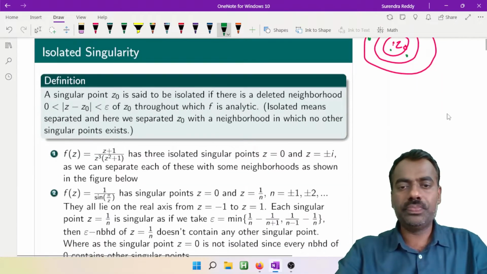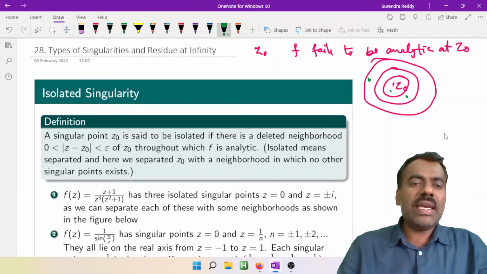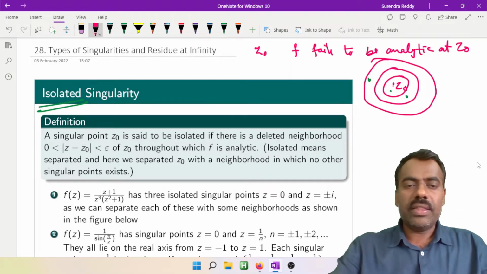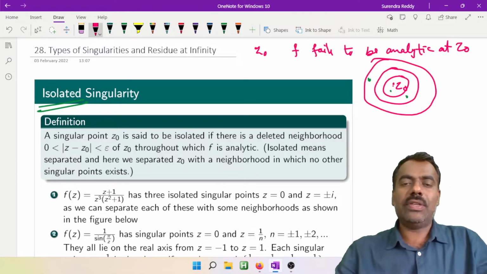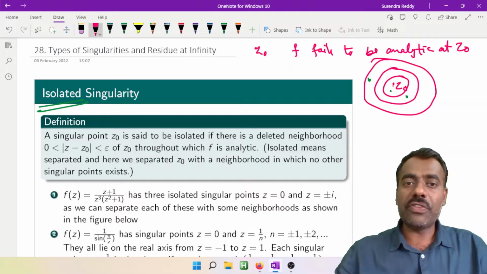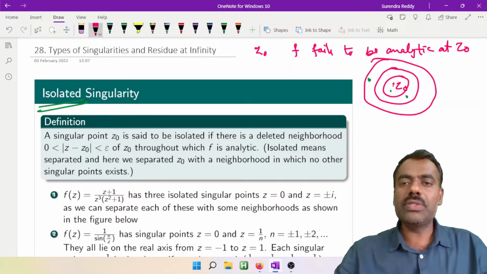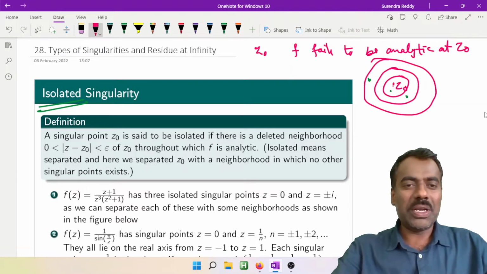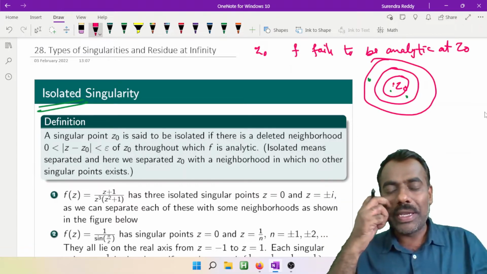Okay. Now what is meant by saying this singularity is isolated? Isolated means we can keep it away from others; that is the word we use, isolation. Nowadays, because of this corona, everybody knows isolation, right?